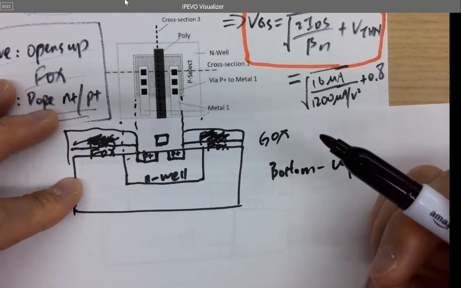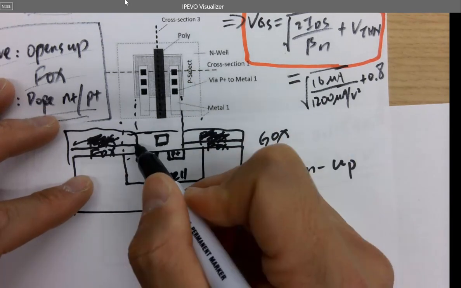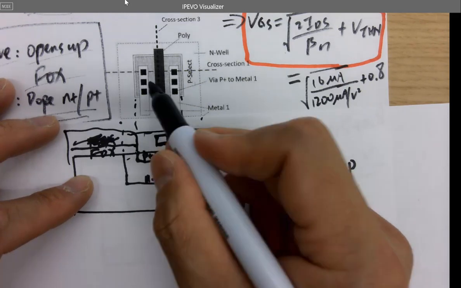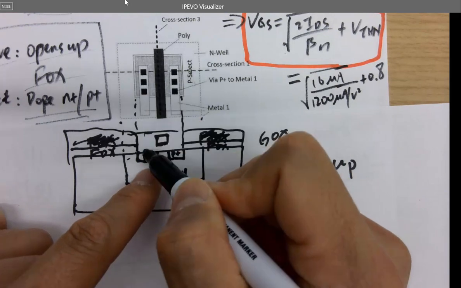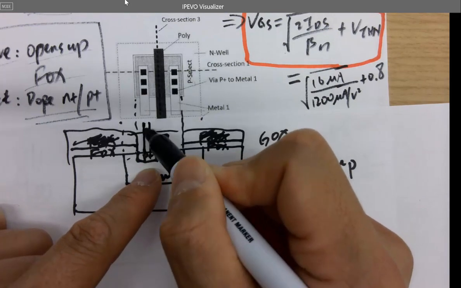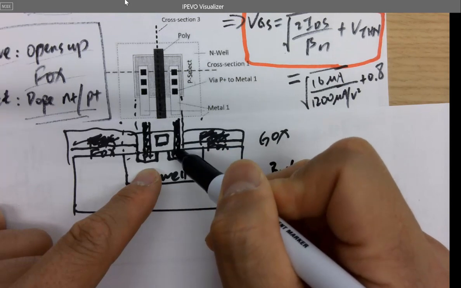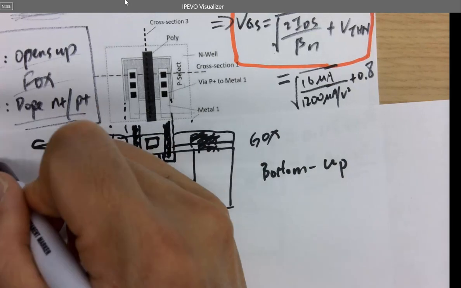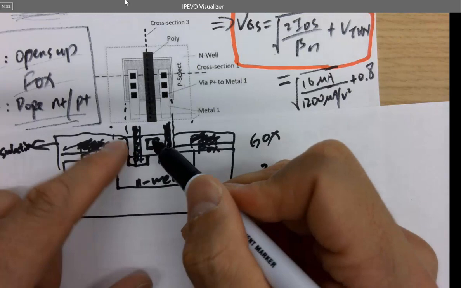Make sense? Okay. And then this layer, there will be a via. See the P plus has a via connect to metal 1, right? So it connects to metal 1. It drills a hole there. But this gate is in the middle of the second insulation layer here. So this gate is in here, okay?